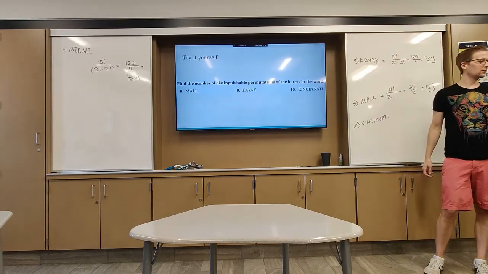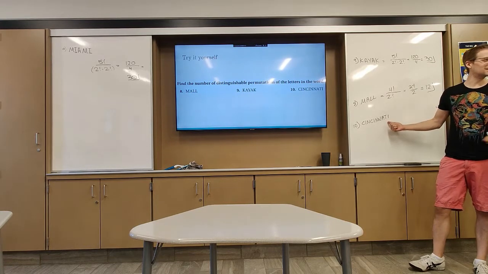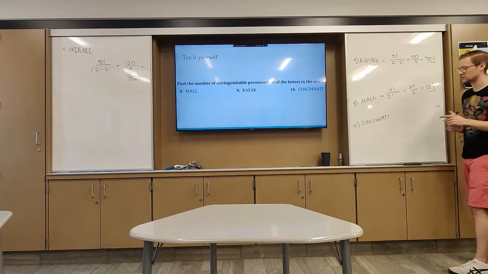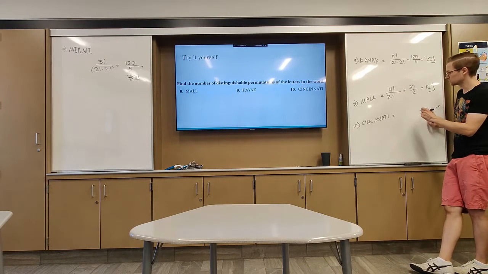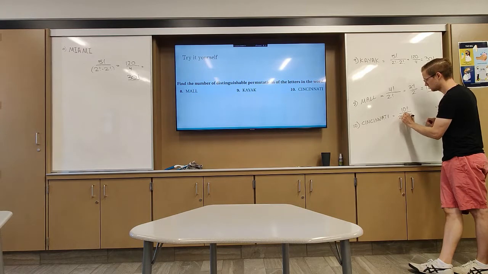Okay. Joel, the new city that you just learned about. How do you calculate the number of distinguishable permutations? 10 factorial over 2 factorial, 3 factorial, and 3 factorial.